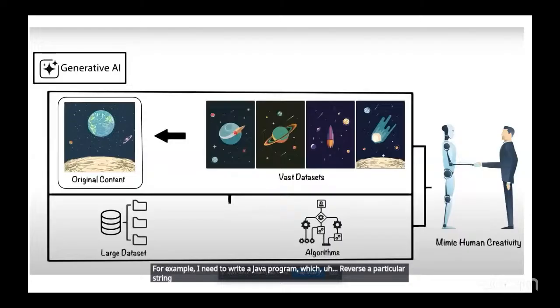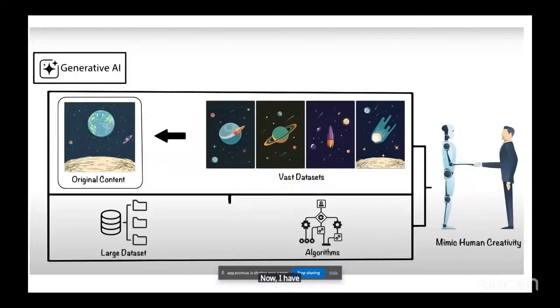Now AI gives a lot of ways, but with generative AI, I say I want to write a Java program to reverse a given string, and it will think from a memory perspective. It will think about input, it will think about output, and it will think about time. Based on all these things, it identifies the pattern and gives the best solution for you. So that is called generative AI.